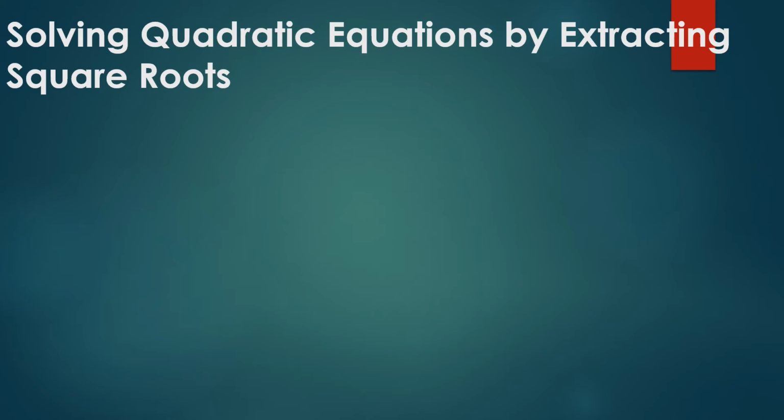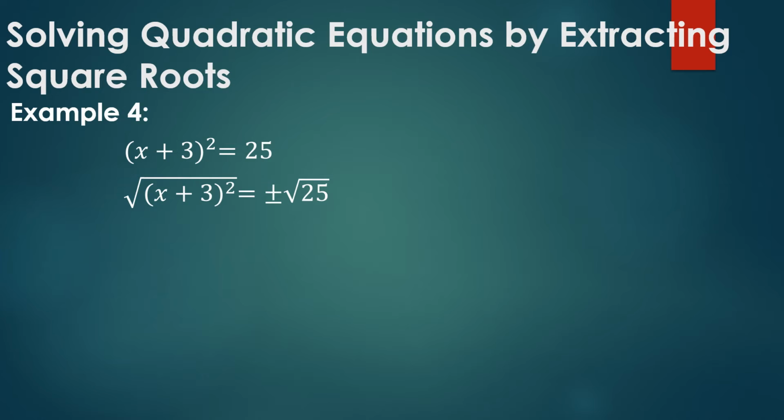Another example. Okay, let's have example number 4. X plus 3 quantity square is equal to 25. By applying the concept of square root property, we are going to take the square root of both sides of the equation. So we have square root of x plus 3 quantity square is equal to the positive and negative square root of 25.